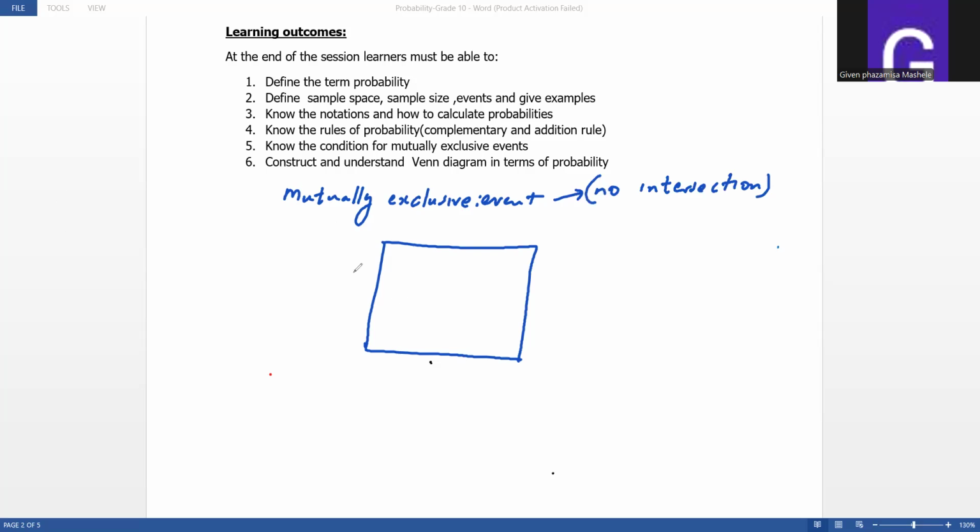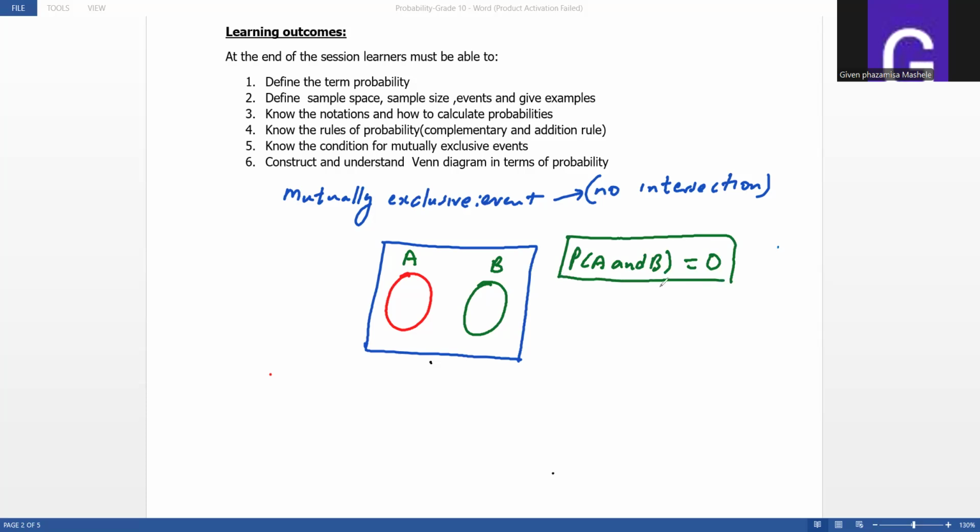For example, if I say this is the event A, and there is another event B, you see the two events have not intersected. They have no intersection. It means the probability of A and B is 0. So if the probability of A and B is 0, then the two events are mutually exclusive.